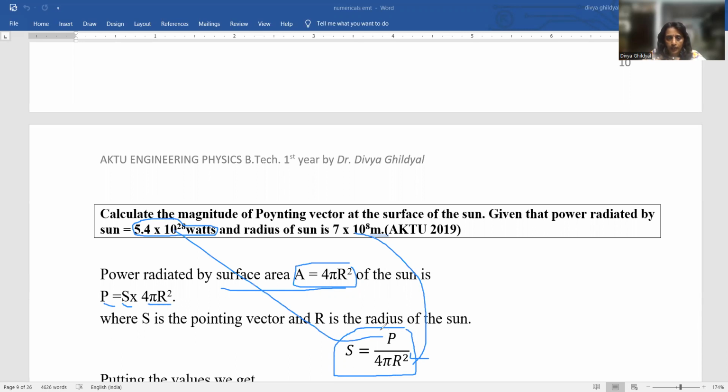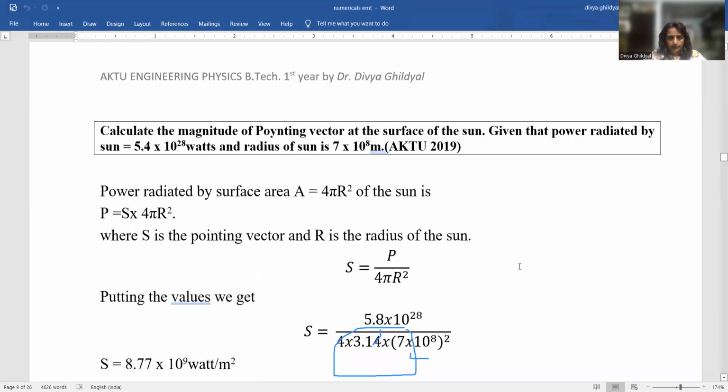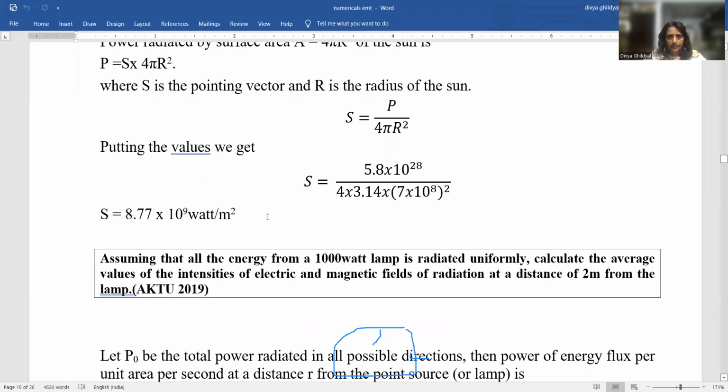When we put these values in the right-hand side of this expression, we will get the answer for S. If you want, along with me, you can take a calculator and solve it, and then I will show you the answer. Putting the values, we get this as approximately equal to this.